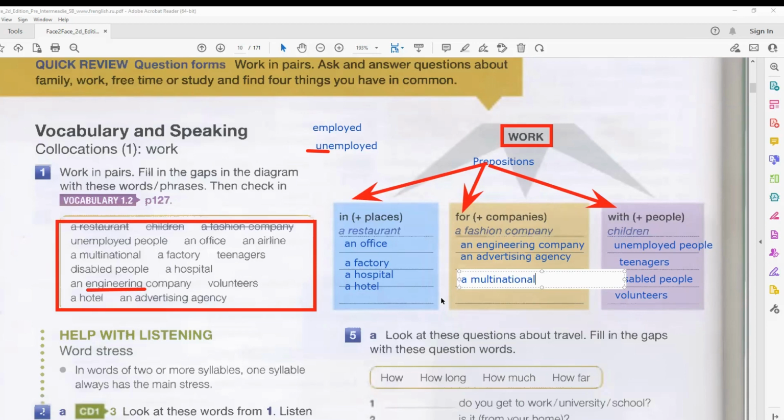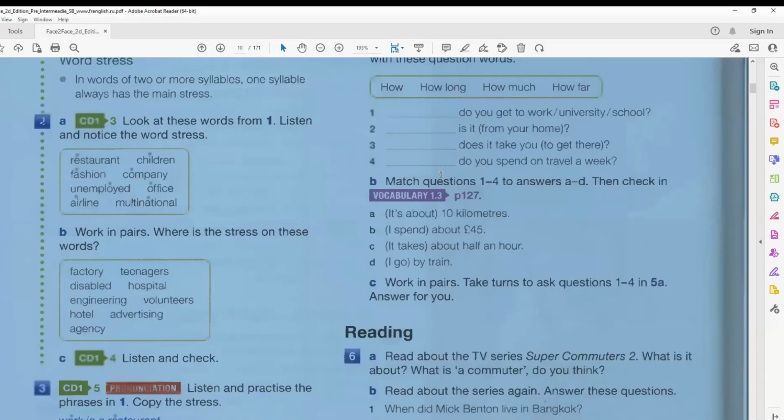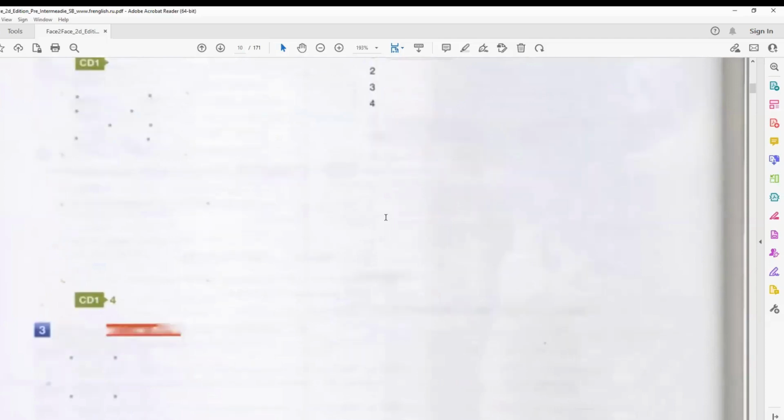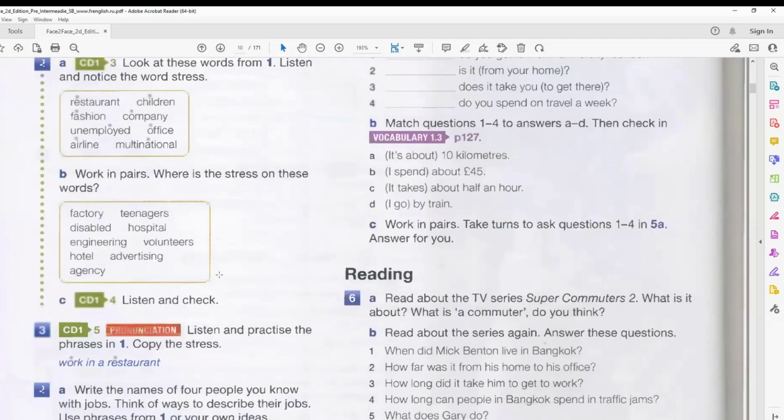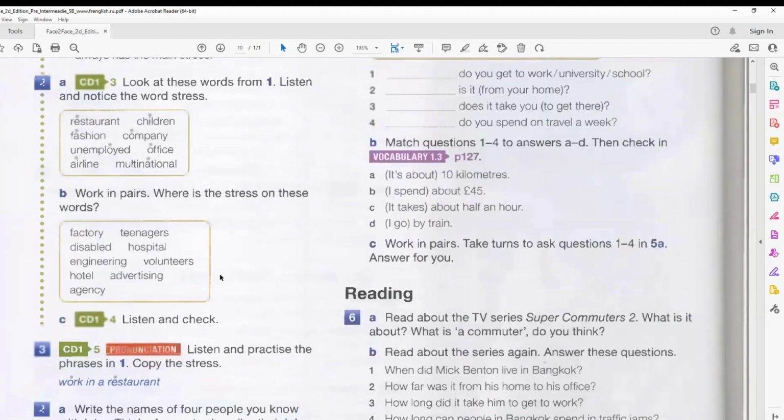Let me just clear my screen. Of course we want to pay attention to how we pronounce these words, and we did that a little just now.